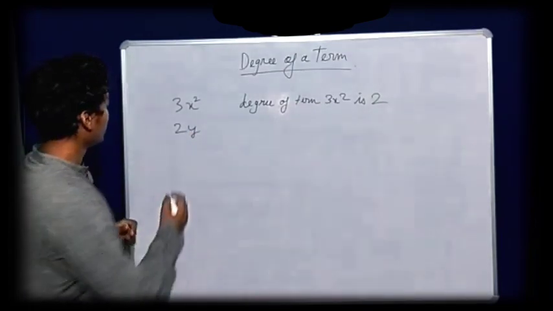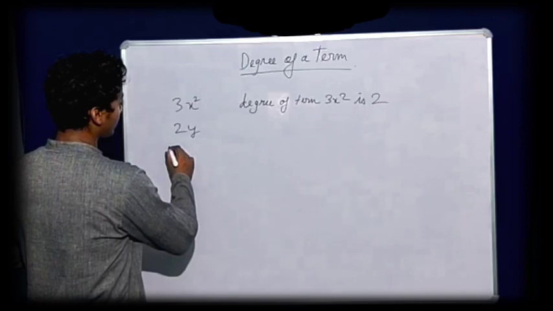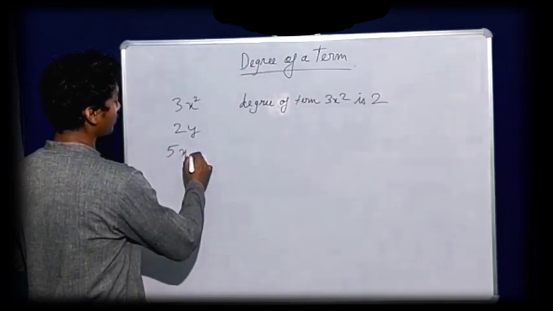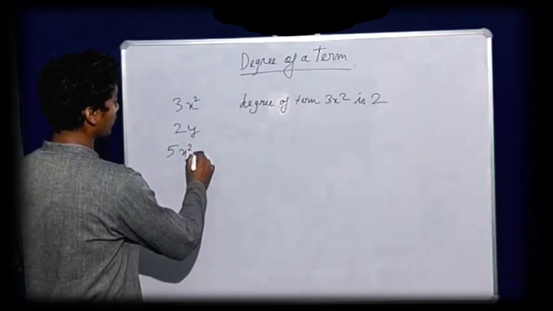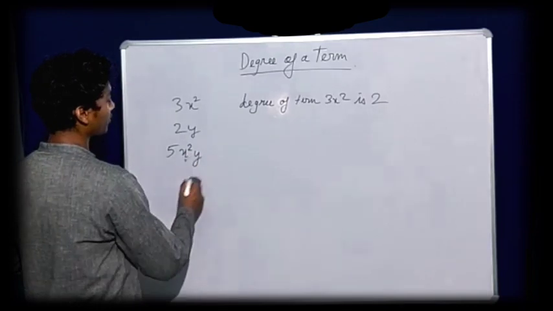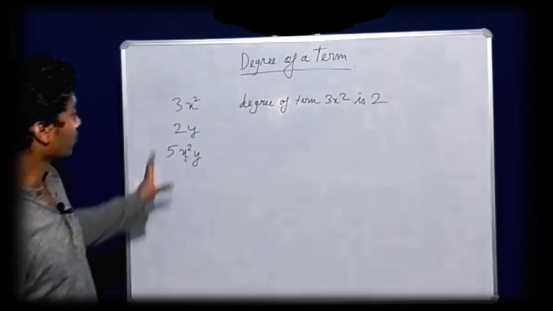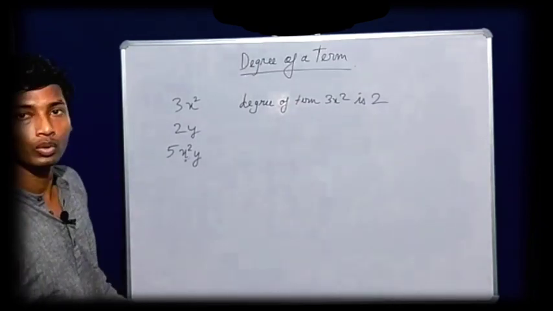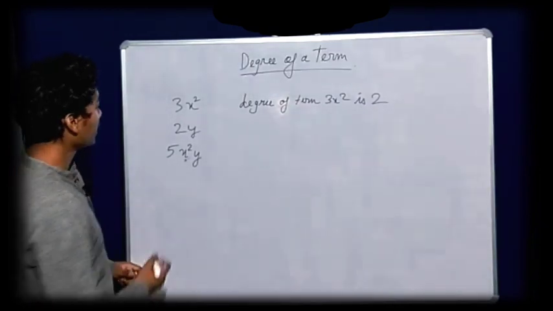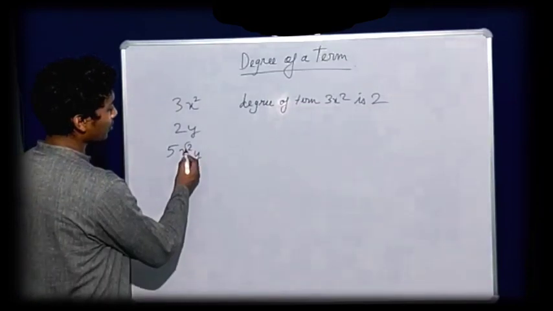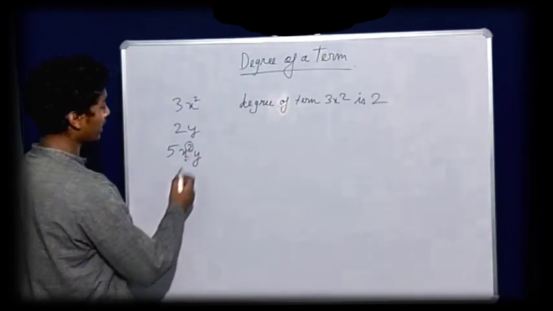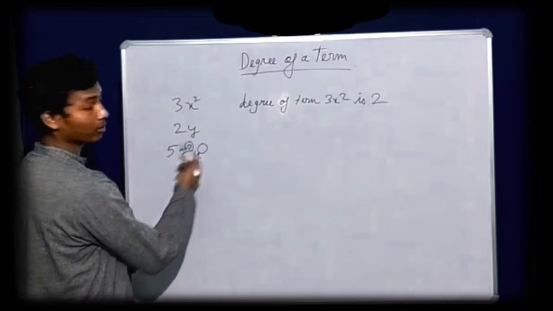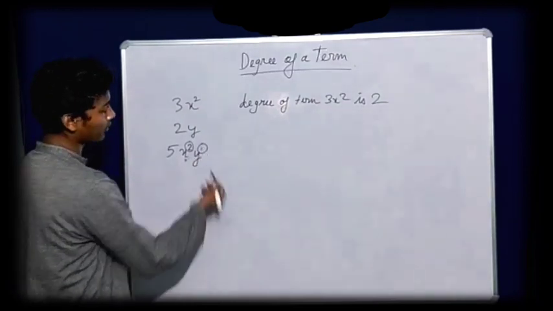Now, if it is written as 5x square y, right, then what will be the degree of this term? We will add the powers of the variable x and the variable y. What is the power of the variable y? It will be 1 if there is nothing.